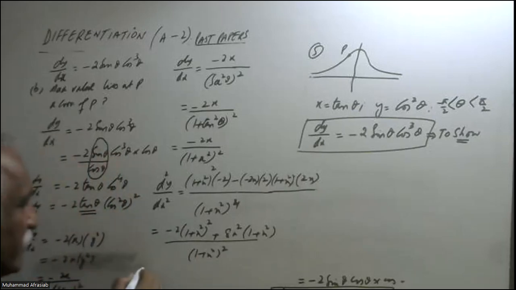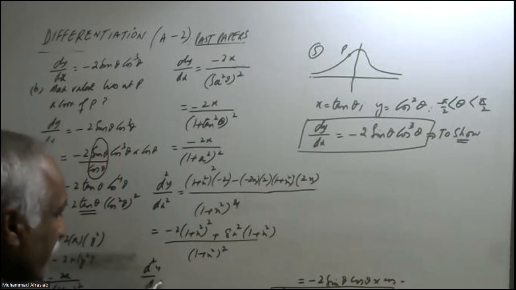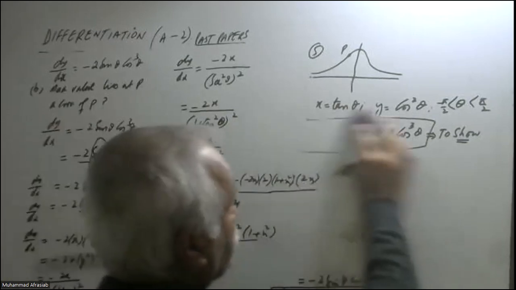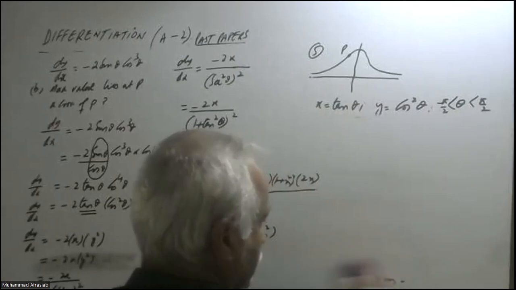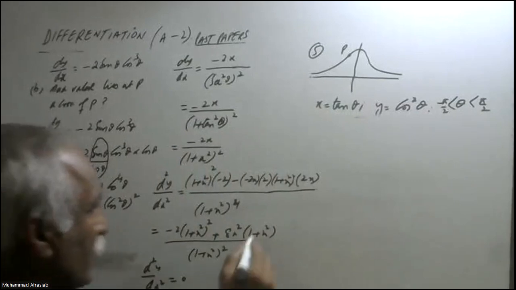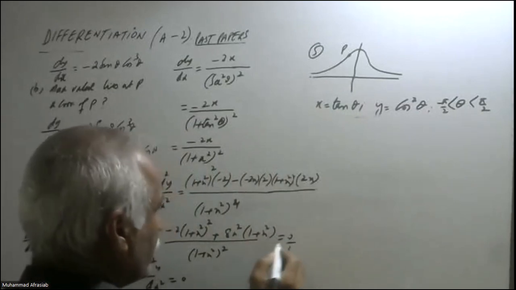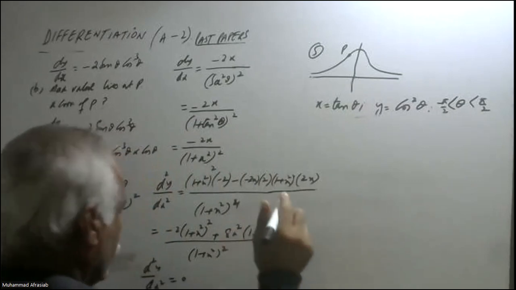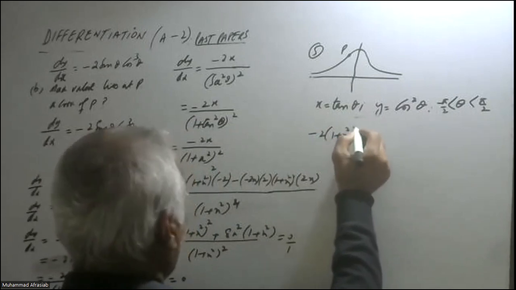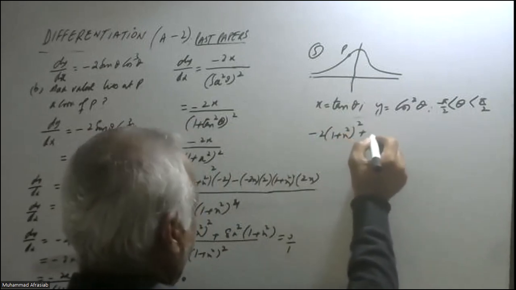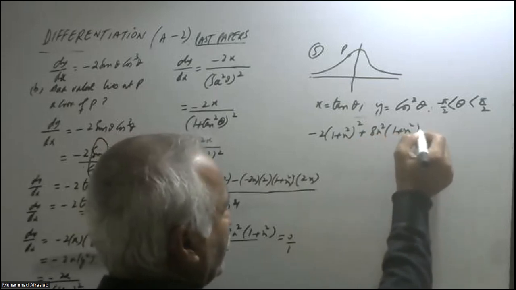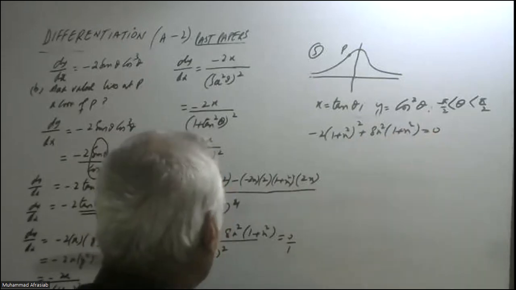Because it is the maximum point, you put the second derivative equal to 0. If you cross multiply, this expression will be equal to 0. So it should be equal to minus 2 into 1 plus x square power 2 plus 8x square into 1 plus x square is equal to 0.